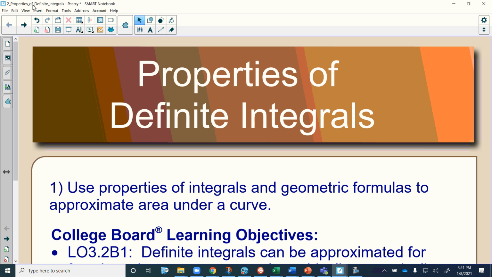Anyway, today in this video, what I'm prepared to show you is we're going to get into some properties of definite integrals, where we're going to start introducing the idea of integration into calculus.